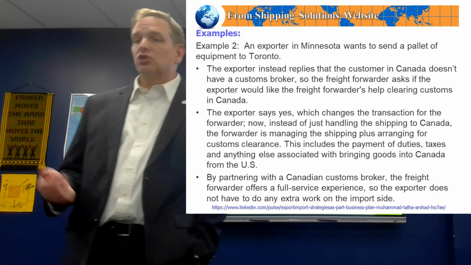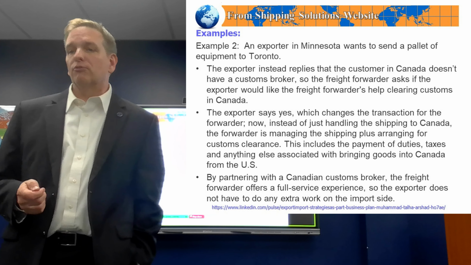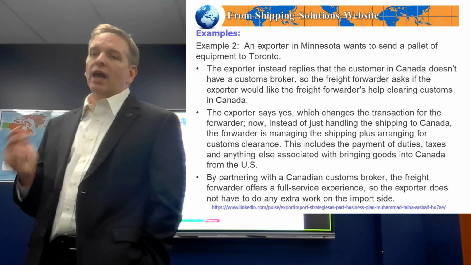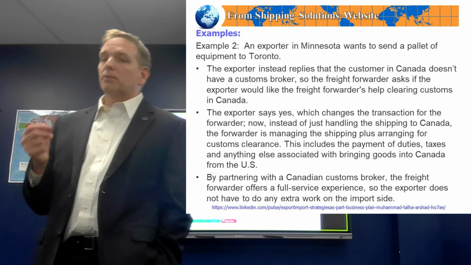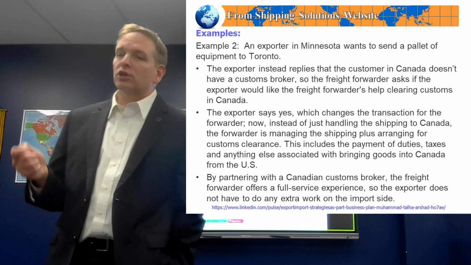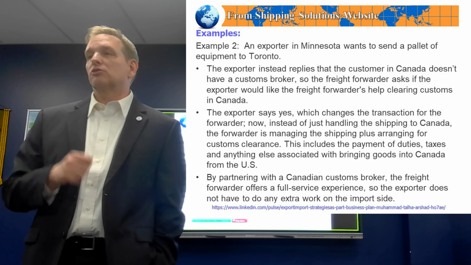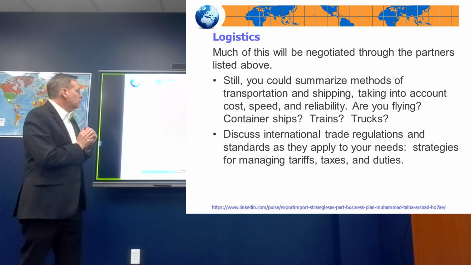Now, instead of just handling the shipping to Canada, the forwarder is managing the shipping plus arranging for customs clearance. This includes payment of duties, taxes, anything else associated with bringing goods into Canada from the United States. So by partnering with the Canadian customs broker, the freight forwarder offers a full service experience, so the exporter does not have to do any of the extra work on the import side. Like I said, a lot of this is negotiated through the partners above.